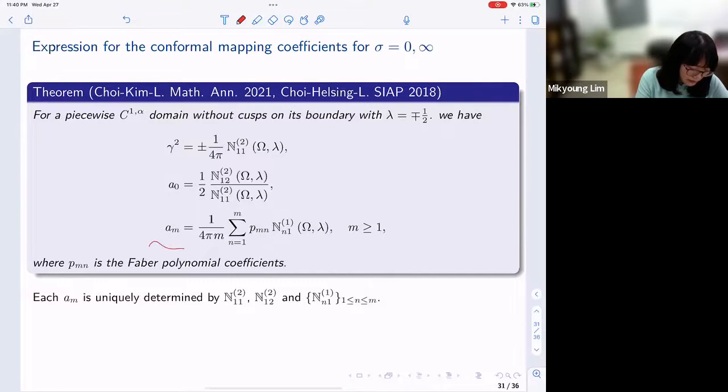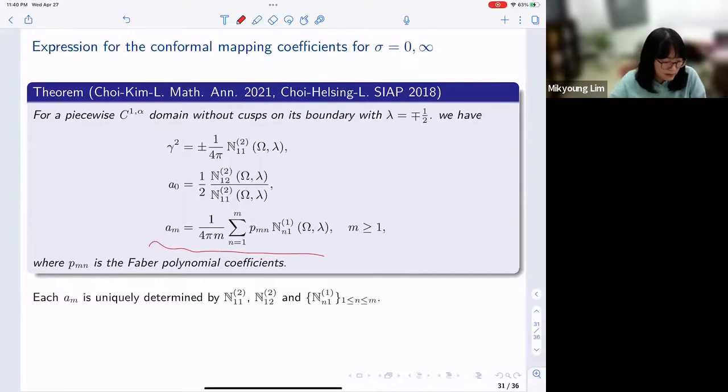You may worry that the P_mn also relies on the shape of omega, but since a_m is uniquely determined by the lower order terms, the right-hand side is fully determined by only using the GPT values.